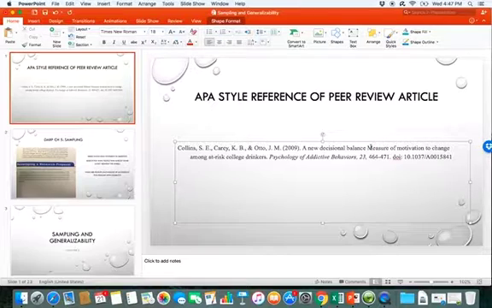So let's say this became, I don't know, the measure of motivation, like the one that people used, and that's the only measure of motivation out there. Okay, so measure of motivation would get treated as a proper noun. So you would capitalize the appropriate words.